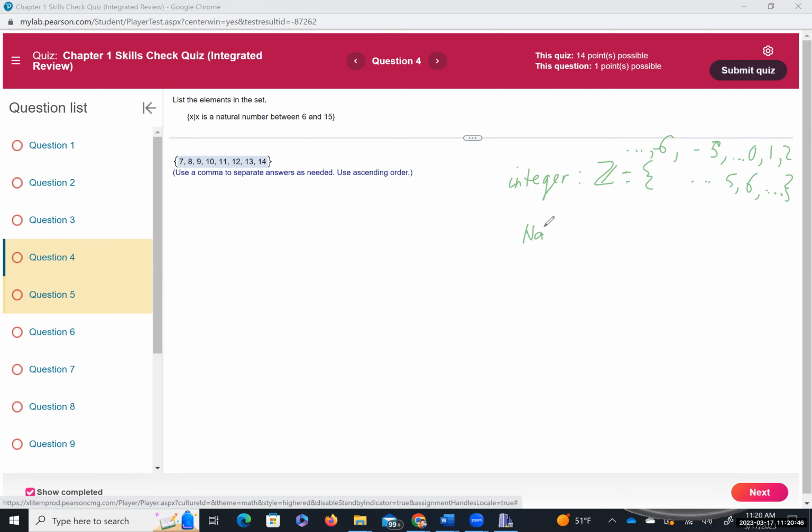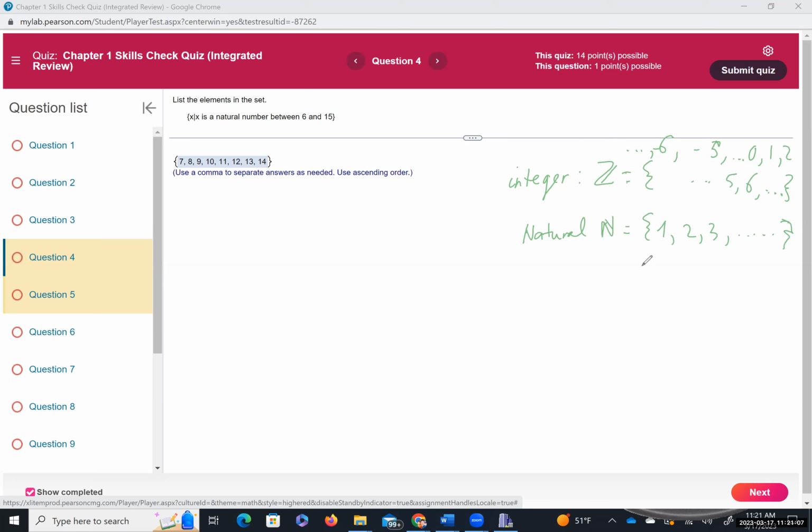Natural numbers are notated by N, and it's just the numbers starting from 1, 2, 3, and so on. You don't want 0 or negative numbers in there.